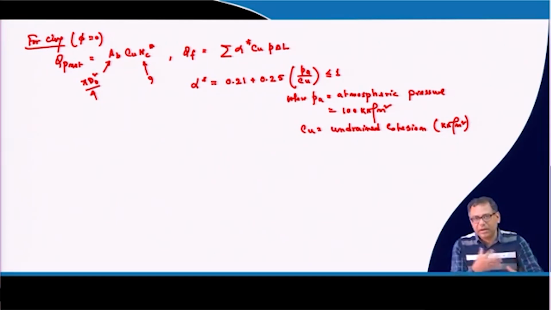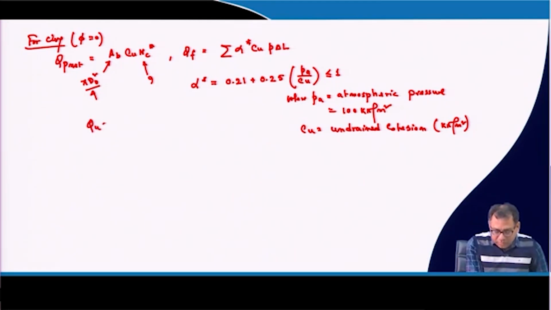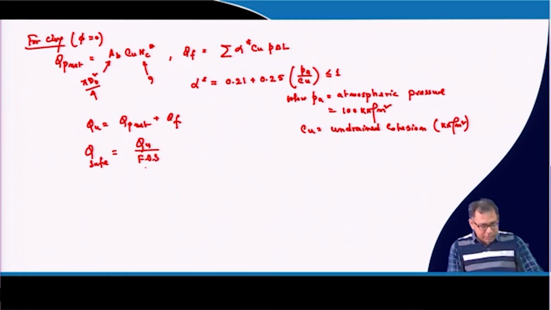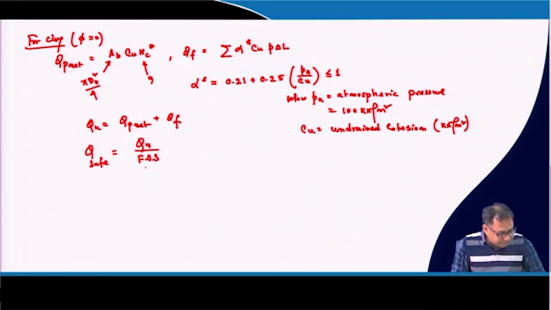Once we get the alpha dash, we have to multiply it with Cu, then multiply by the perimeter and the length of that segment of the pile or the well, and similarly in the tip also we can calculate in this way. So, finally, Q u will be Q p net plus Q f, and Q safe will be Q u by factor of safety, which you can take as 2.5 to 3.